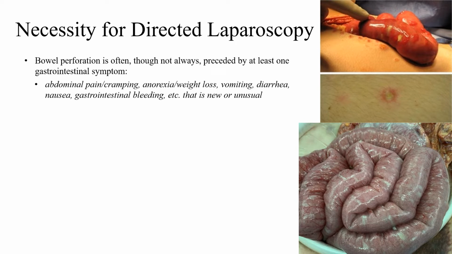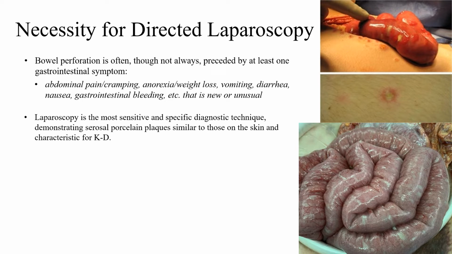Bowel perforation is often, though not always, preceded by at least one gastrointestinal symptom, which can include abdominal pain or cramping, weight loss, vomiting, diarrhea, nausea, bleeding, and others that are new or unusual symptoms for your patient.